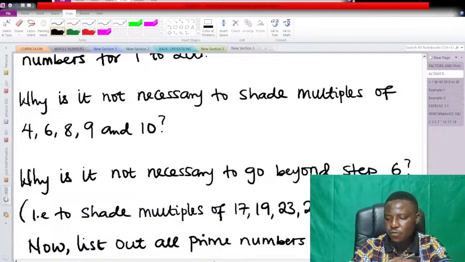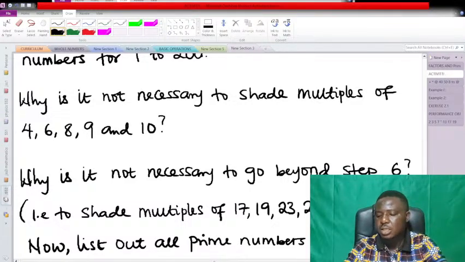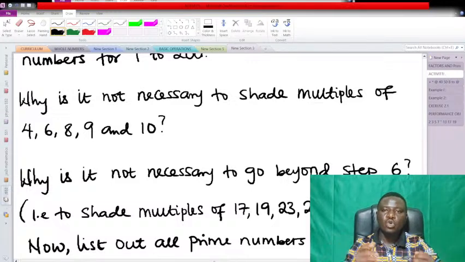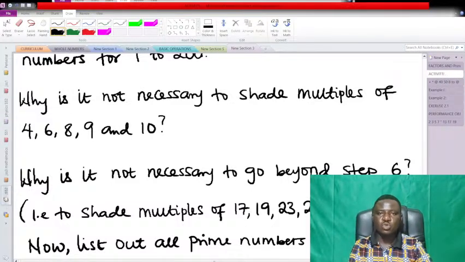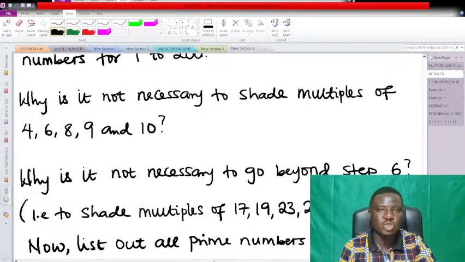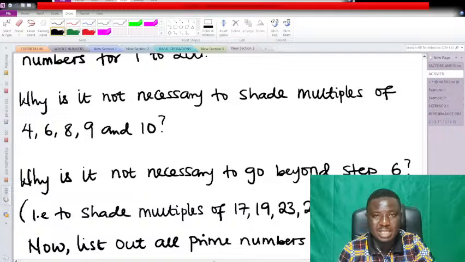Why not 4, 6, 8, 9, and 10? We have already established that these are not prime numbers. So you shading their multiples will not give you the prime numbers. Once you shade their multiples, then you will not get the prime numbers. That was why we didn't shade the multiples of these.